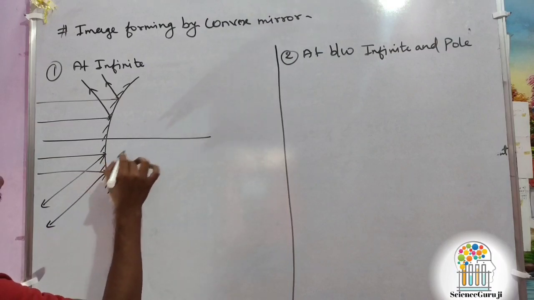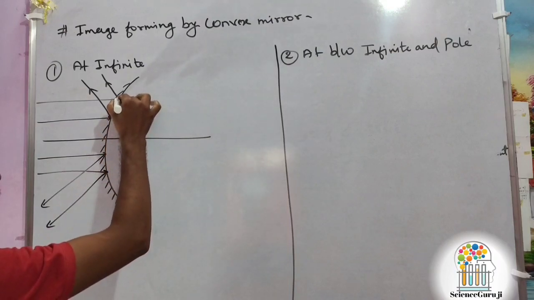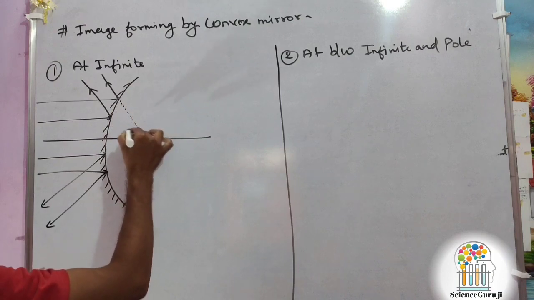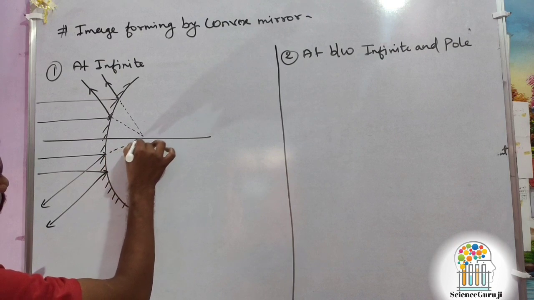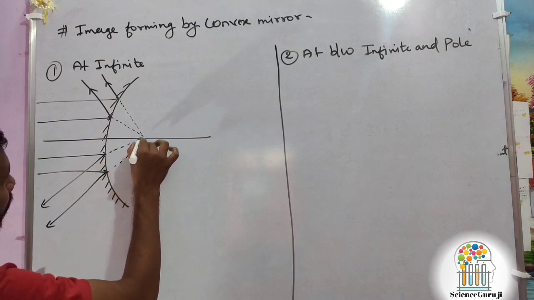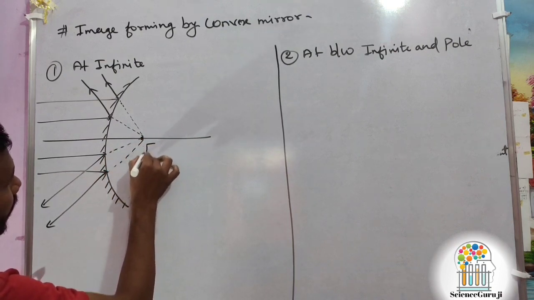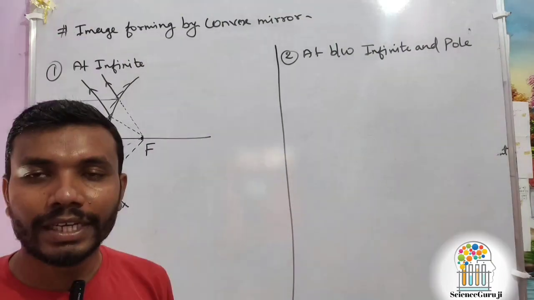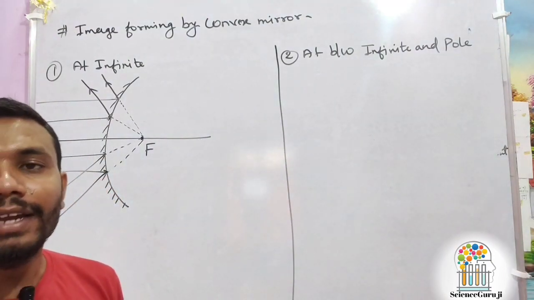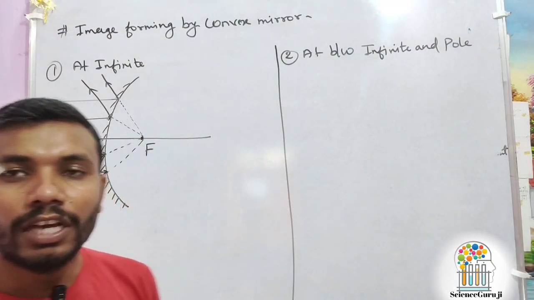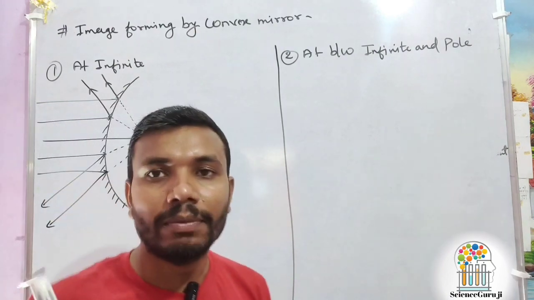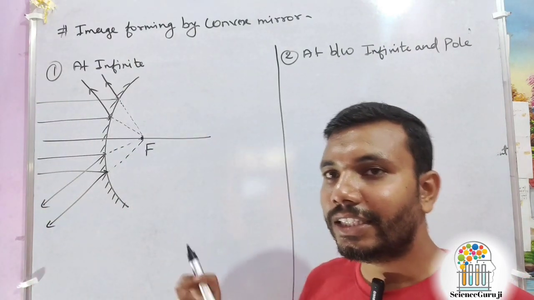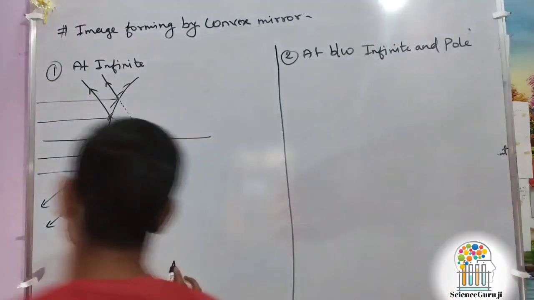But the image formation here is at the focus or the principal focus. So the image is forming behind the mirror at the principal focus, and because the image forms behind the mirror, the nature of the image is virtual.